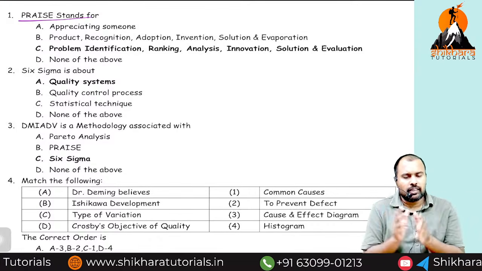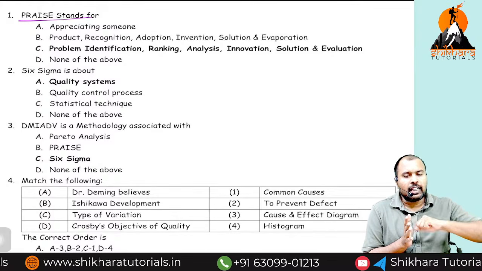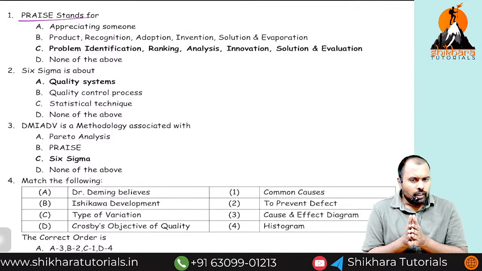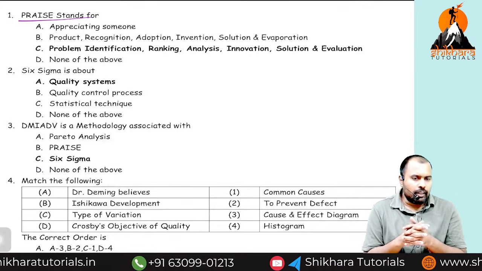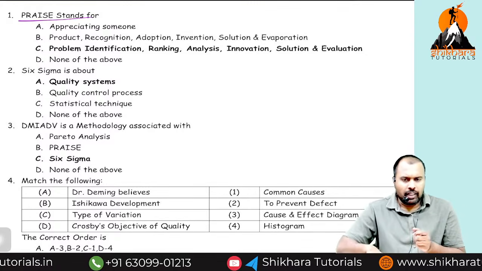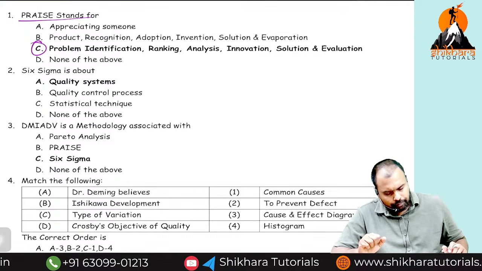The major problem is the one that impacts customers more, which has to be rectified faster so that customers will be satisfied. Understood, right? So we rank them, analyze them, and then rectify them by innovating some ways to fix it. So your answer has to be C. That was the process under Six Sigma.